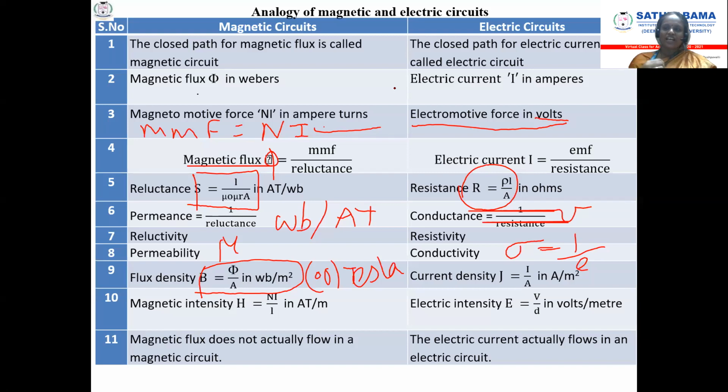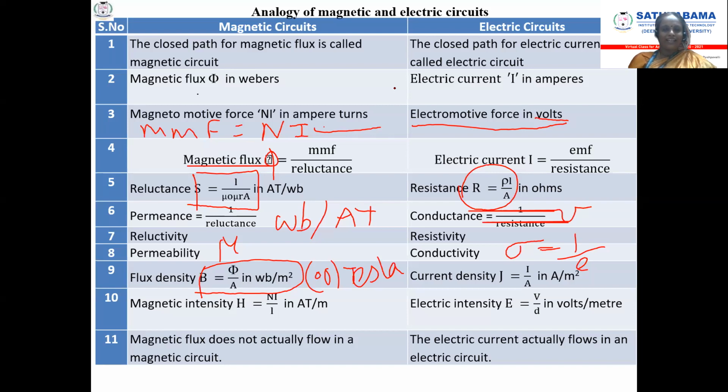If I place any current-carrying conductor in that magnetic field, automatically we can feel that, but we cannot say it is actually flowing. We can say the flux is nothing but the total number of magnetic lines of force, but electric current actually flows. Even though both are invisible, one thing we can say: in a closed circuit only, the electric current will flow.